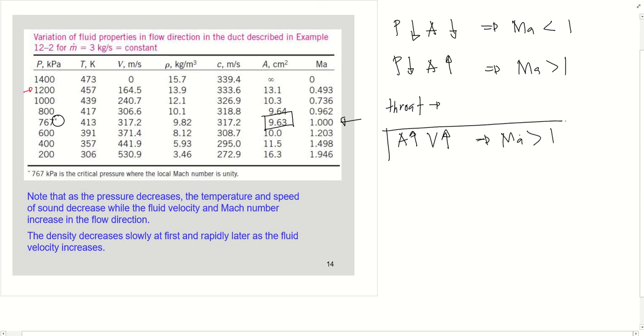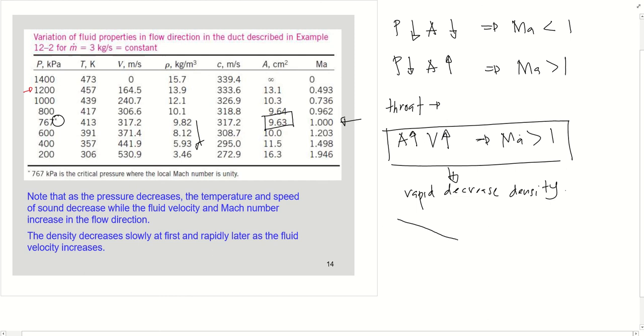This happens due to the rapid decrease of fluid density.